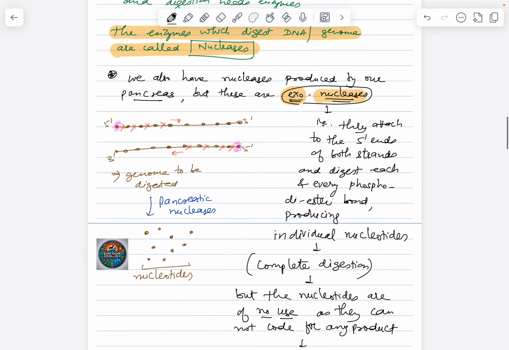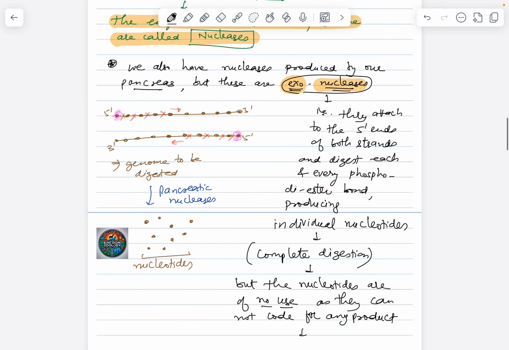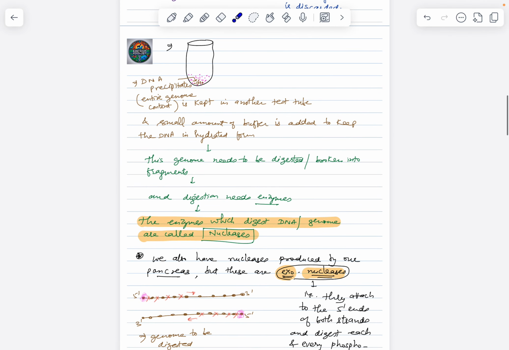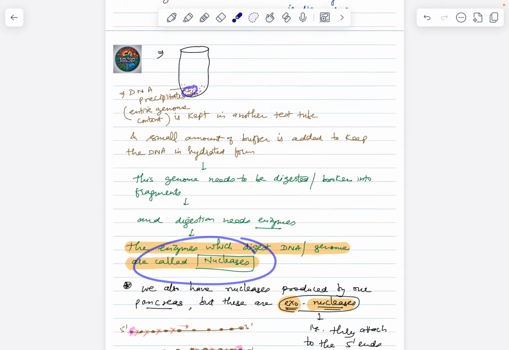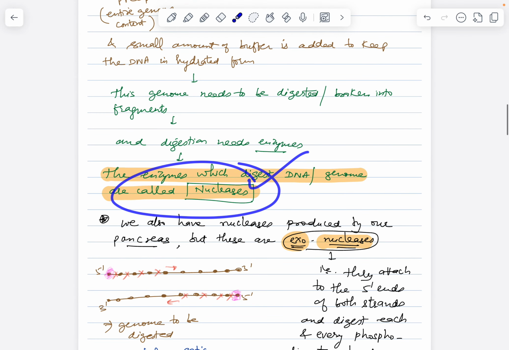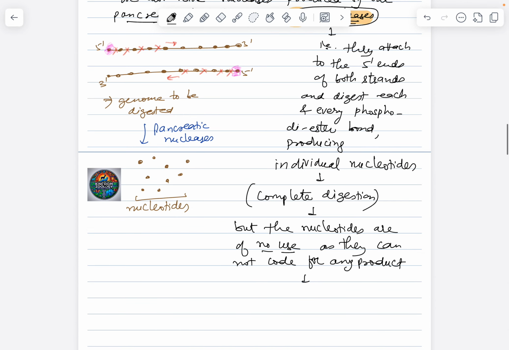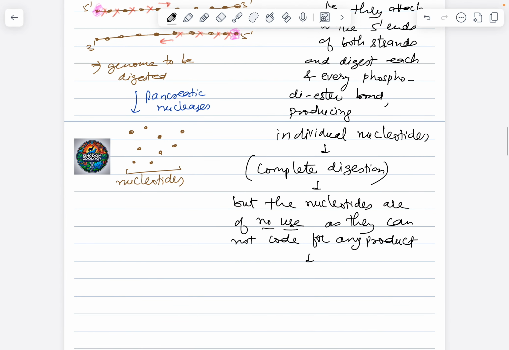So what did I learn from this entire discussion? That I would require enzymes to digest the genome. Those enzymes are called nucleases, and one of the choices is exonucleases. That is ruled out. I am not supposed to use these enzymes. The nucleotides are of no use as they cannot code for any product.